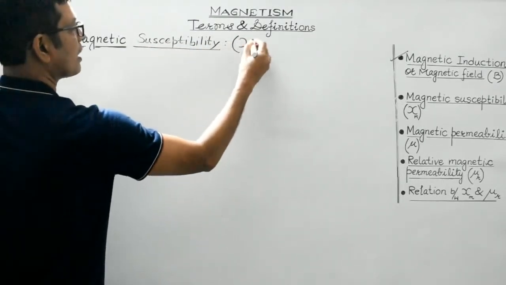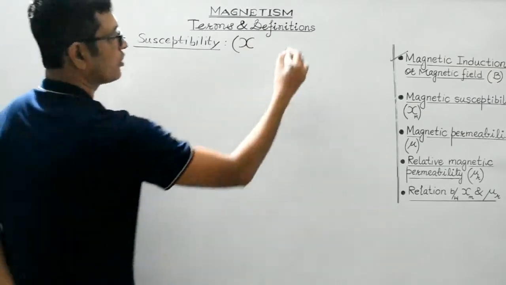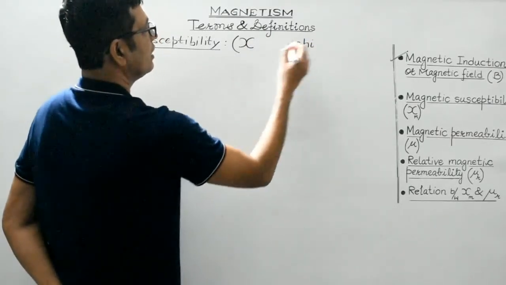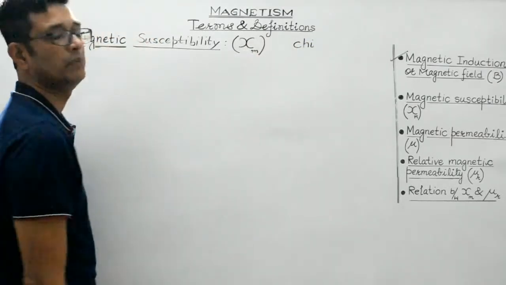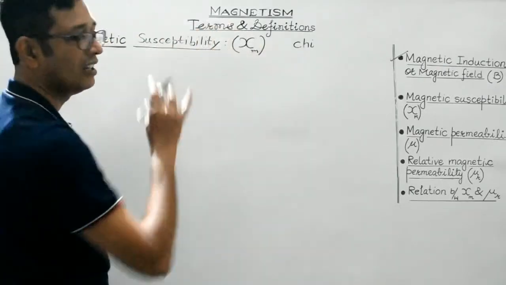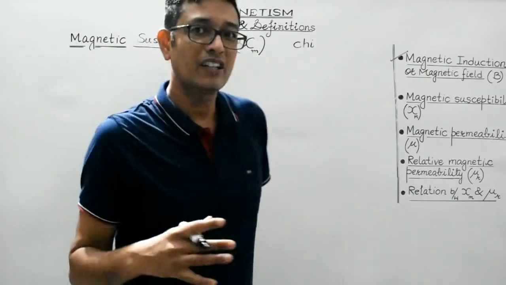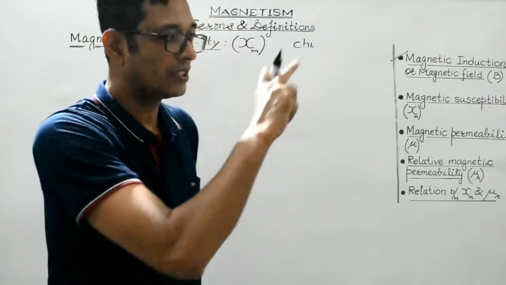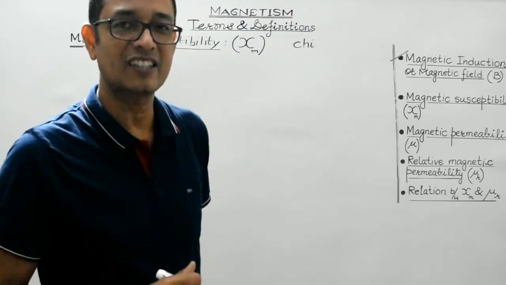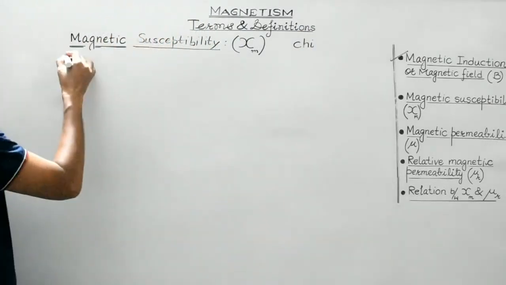It is denoted by chi, CHI. Chi M, magnetic susceptibility. Right? You must remember electric susceptibility. There we represent it by chi E. That's electric susceptibility.